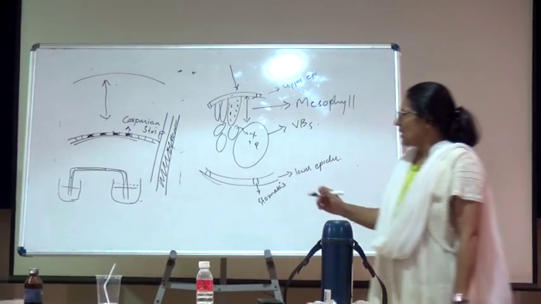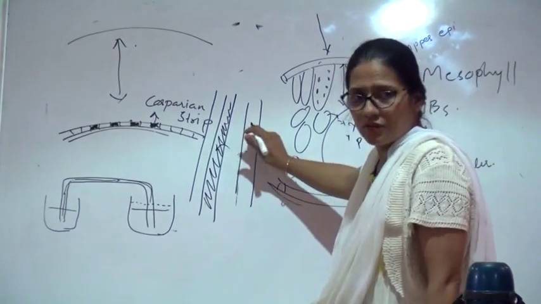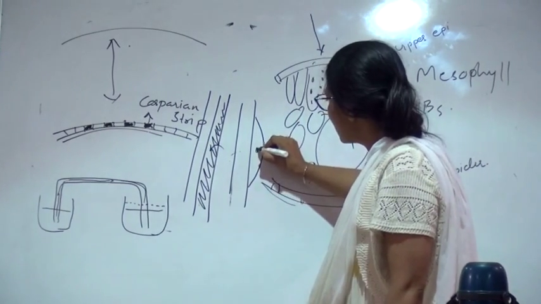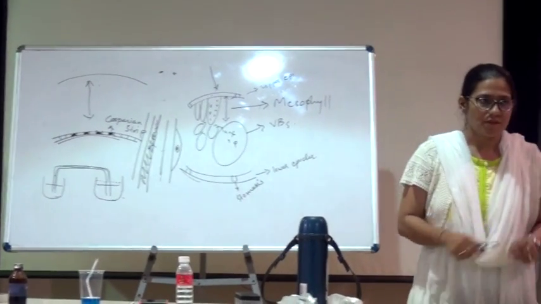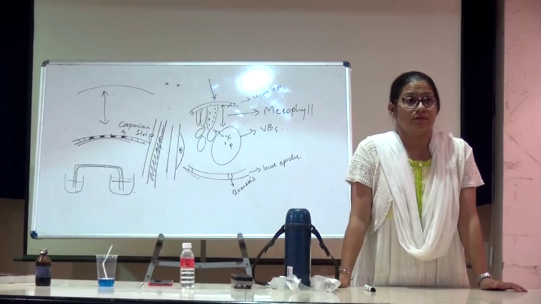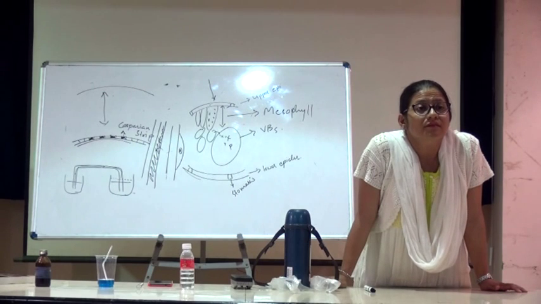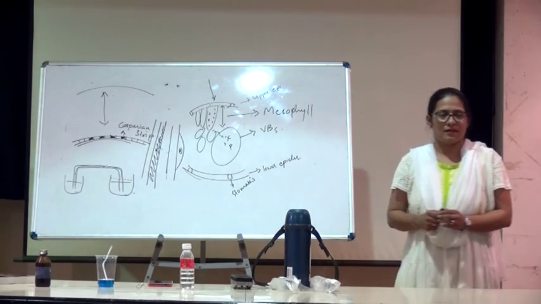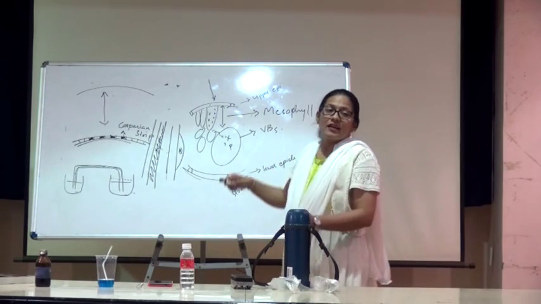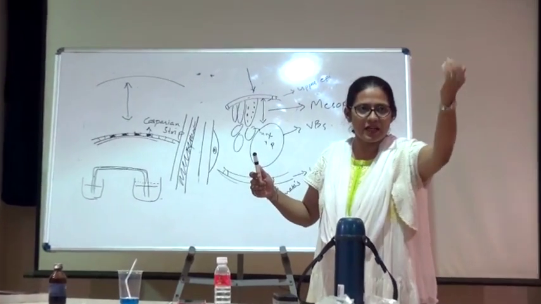Now, as we have seen, phloem has the phloem tube along with the companion cell. What is the role of this companion cell in the transportation? Companion cell controls all the activity of the phloem, that's what we discussed initially, in the starting of this lecture.